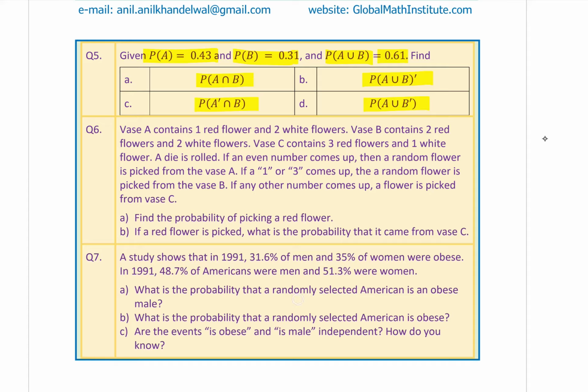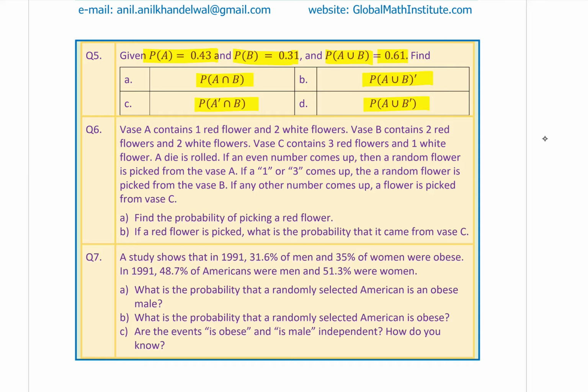A. What is the probability that a randomly selected American is an obese male? B. What is the probability that a randomly selected American is obese? C. Are the events is obese and is male independent? How do you know? So these are the 7 questions.